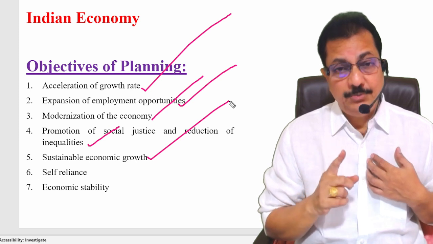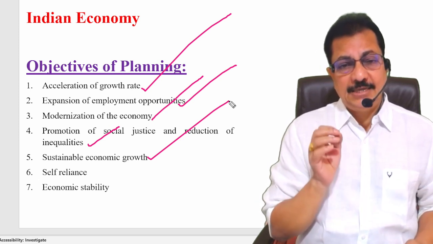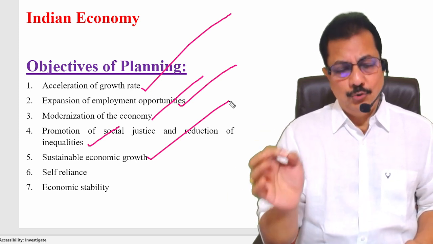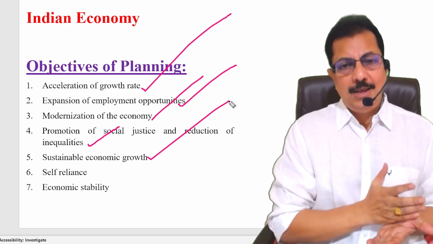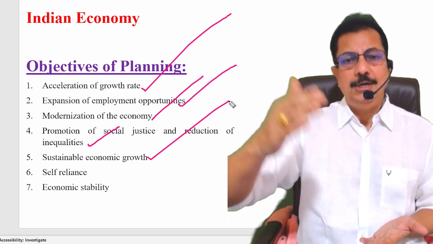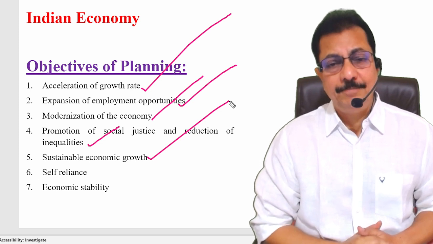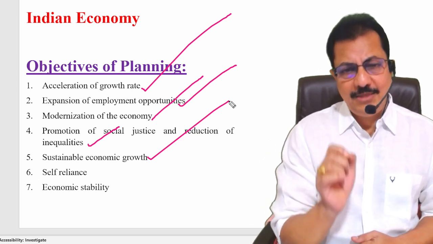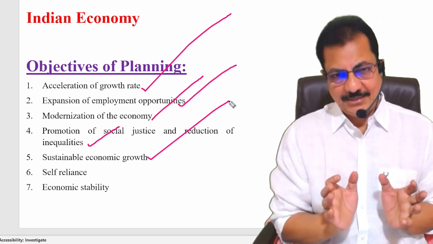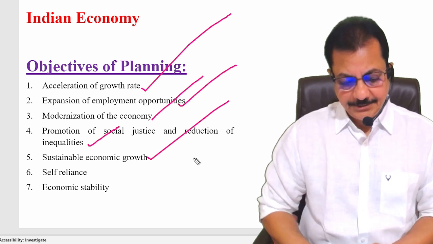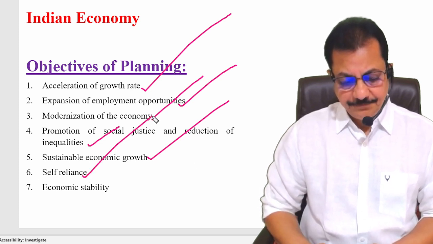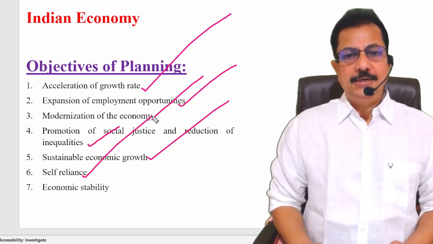That is possible only by sustainable economic growth, meaning our economic growth should continue and should increase year by year to accommodate all the people in the economic system. Clear? Next, self-reliance. What is the meaning of self-reliance?